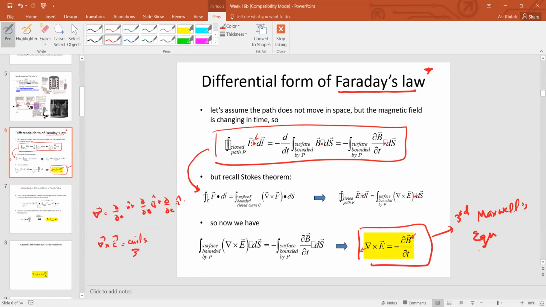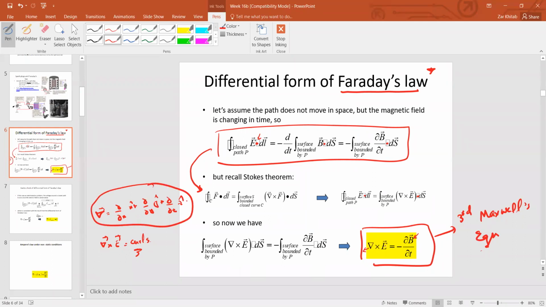Curls was the closed loop, revolutions per unit area. So if magnetic field is changing in time, the electric field will be in the form of curls, right? And those electric curls will move because they will change. This electric field will change its position in space because del operator is a space parameter.